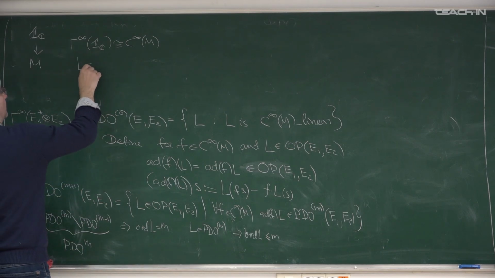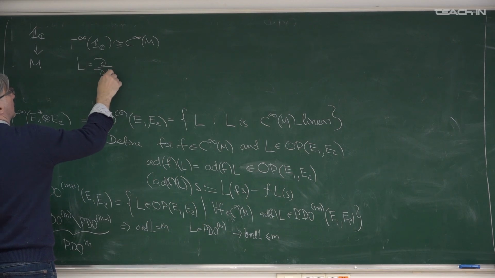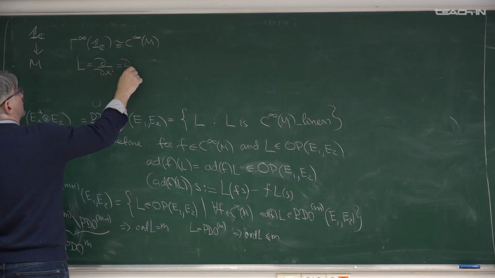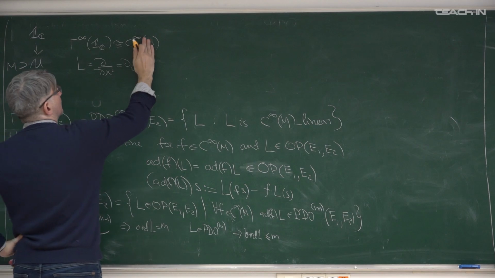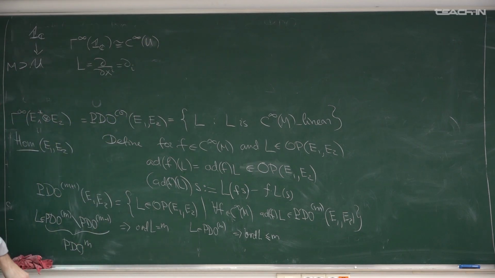Let L be the partial derivative along some local coordinate, di. To be honest, the formula works not on M itself, but only in one chart, an open set in Euclidean space.